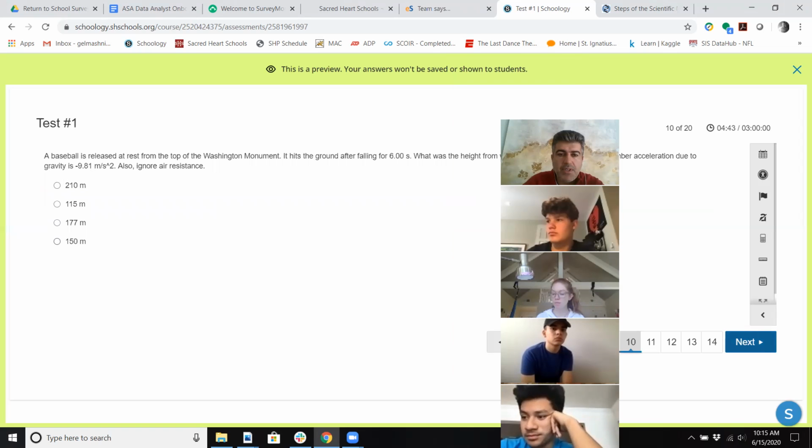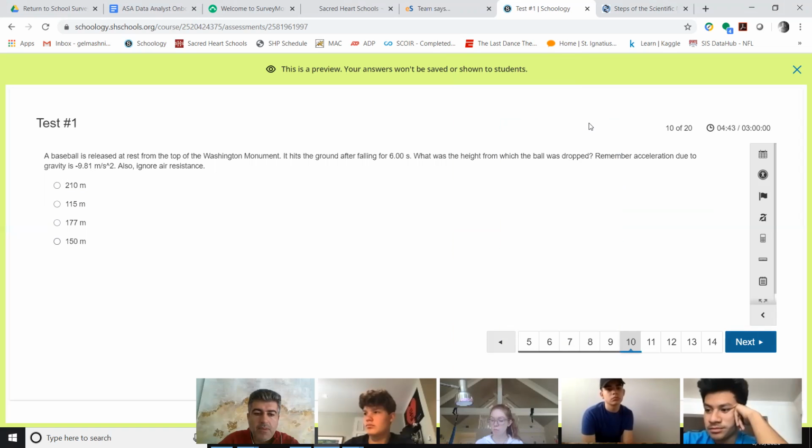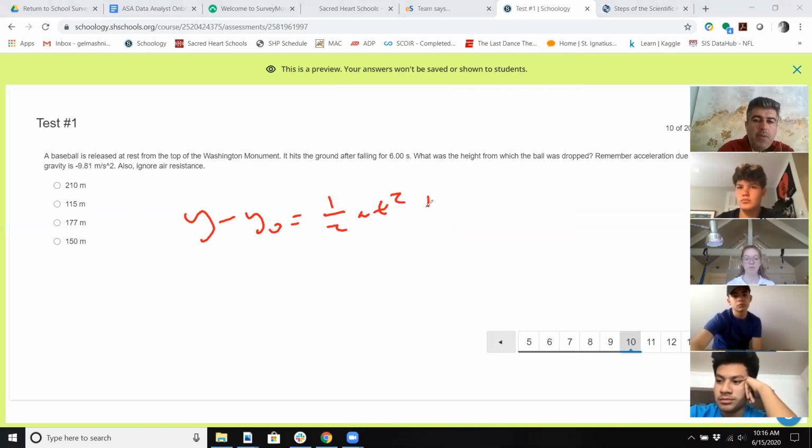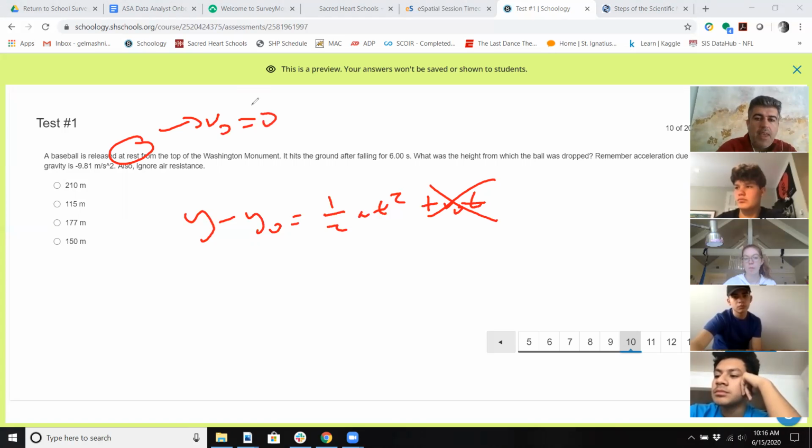Back to another calculation. The acceleration is negative 9.81, and it hits the ground after 6 seconds. It's released at rest, so your initial velocity is 0. You want the height from which the ball is dropped, so you don't care about the final velocity. In this case, we're using this formula: y minus y0 equals 1/2 at squared plus v0t. We can cross off v0t because you're at rest, so v0 is 0.